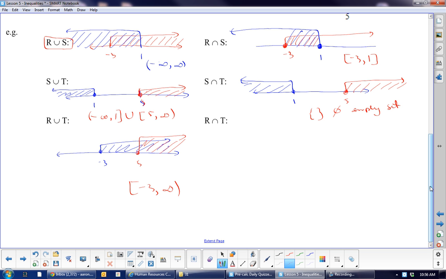Now you should almost start to figure out what's happening over here. I've got negative 3, goes like this. Then I've got 5, goes like this.